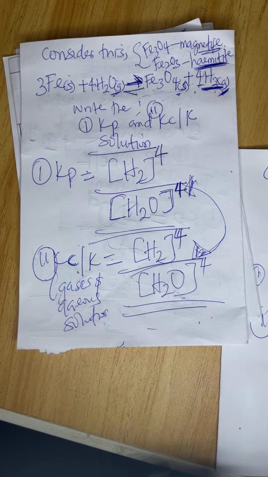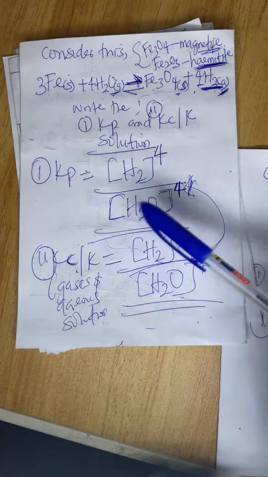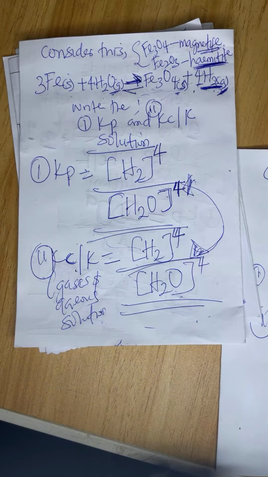So now we want to get to factors affecting the position of equilibrium. We already established equilibrium constants, and so factors affecting the position of equilibrium. Do you mean I should re-explain this? I'm hearing yes, sir. Do you mean we should go to the factors, or I should re-explain that?